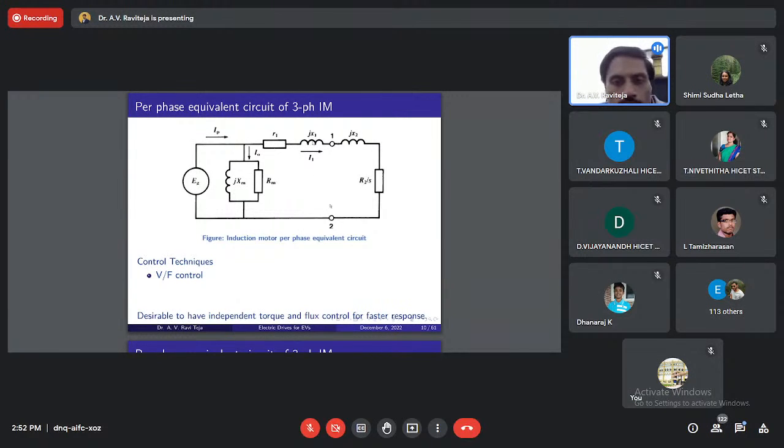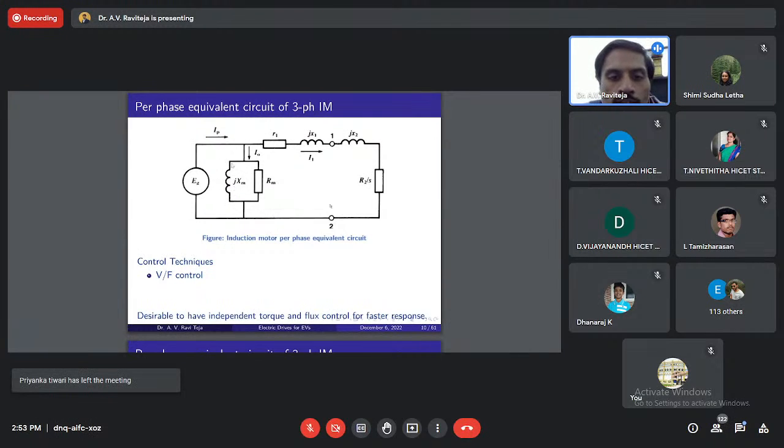Among these inductors, jX1, jX2 are very small inductors, of the order of millihenry, maximum 10 power minus 2 Henry. These are leakage inductances, very small. Whereas this is a very large inductance, which is the magnetizing inductance.